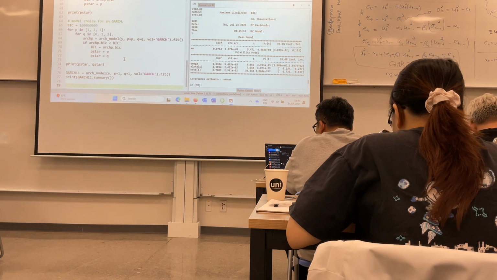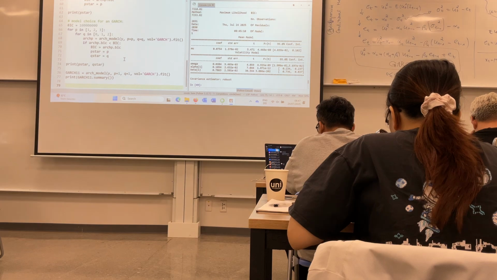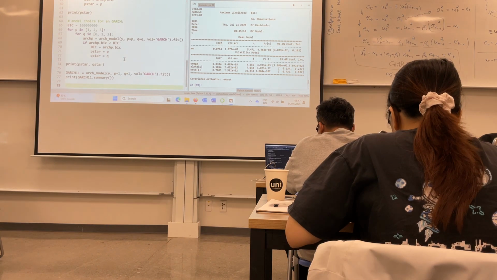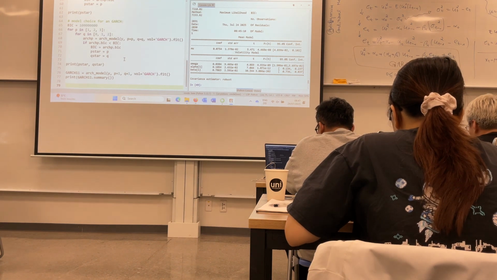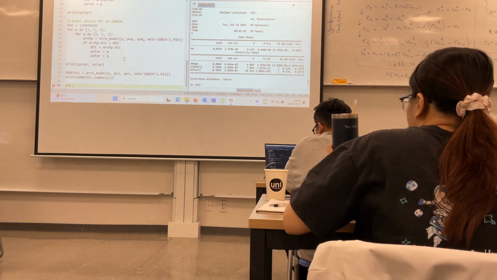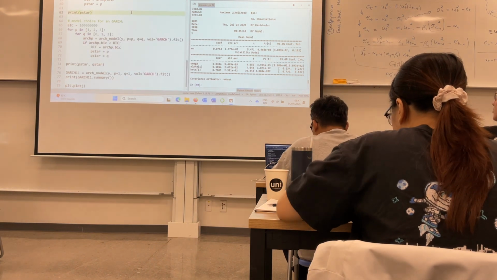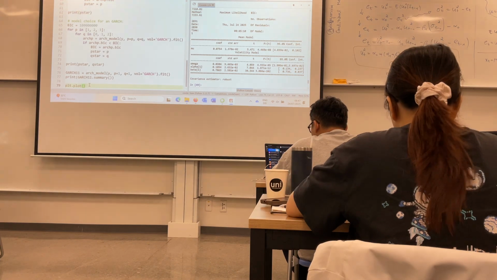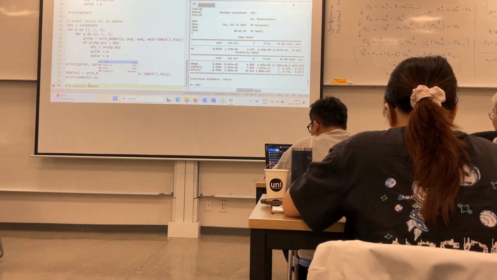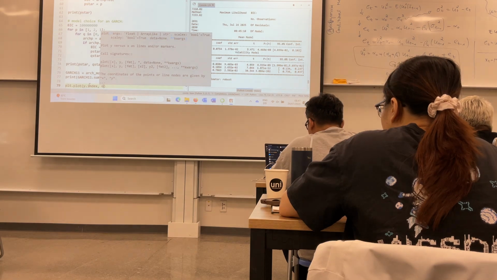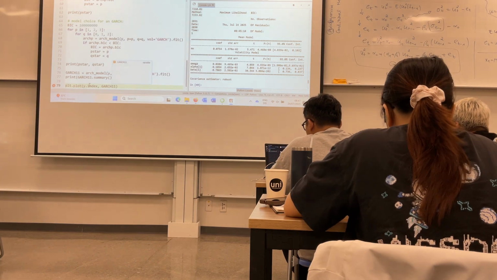So what we can do is, let's do a plot. plt.plot of the data, which is called y. So that's y, the index on the y-axis, and then let's look at the volatility of GARCH 1,1.